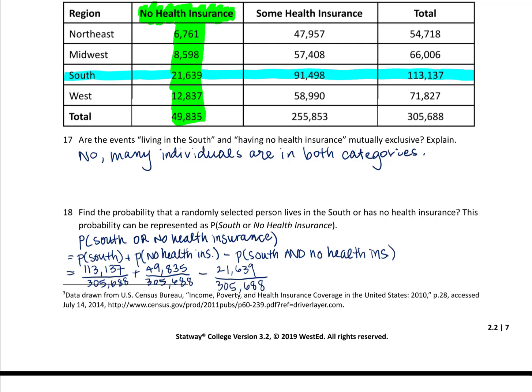Since these have common denominators, we can add and subtract the numerators. You keep the denominator the same. When you add and subtract the numerators, you get 141,333, and the denominator remains the grand total 305,688. This, as a decimal, is 0.462.